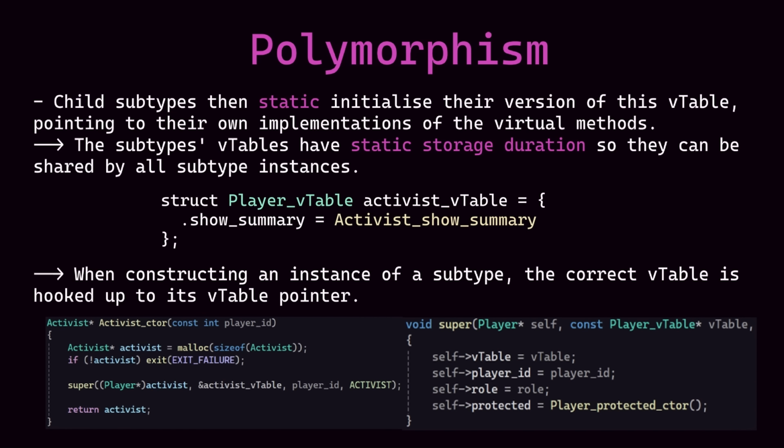Child subtypes then statically initialize their version of this vTable, pointing to their own implementations of the virtual functions. The subtypes' vTables have static storage duration so they can be shared by all subtype instances and last the lifetime of the program. When constructing an instance of a subtype, the correct vTable is hooked up to its vTable pointer.